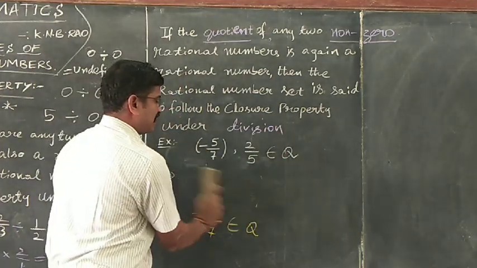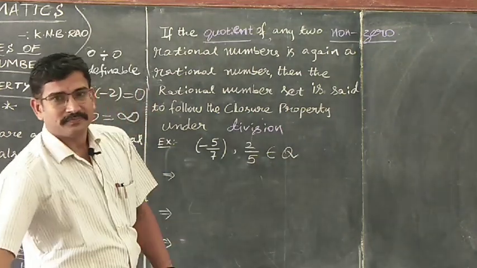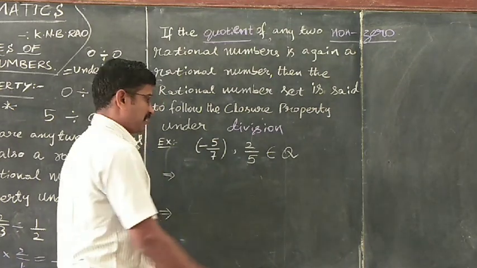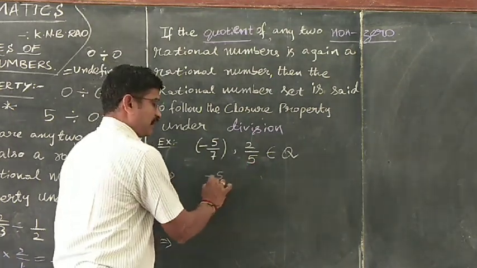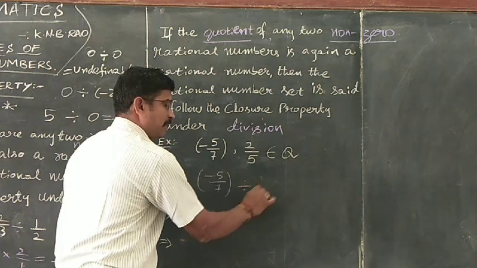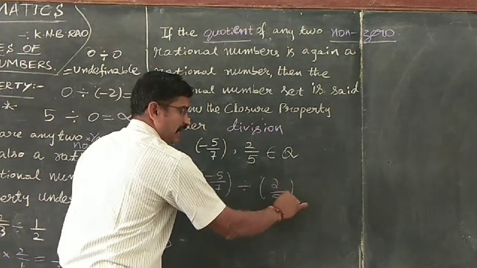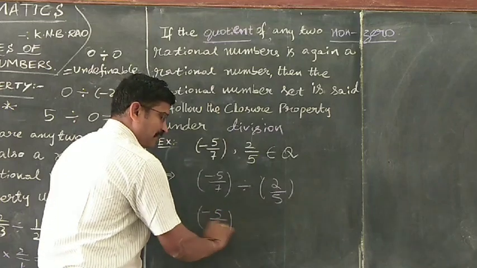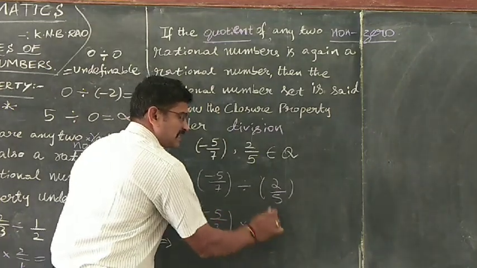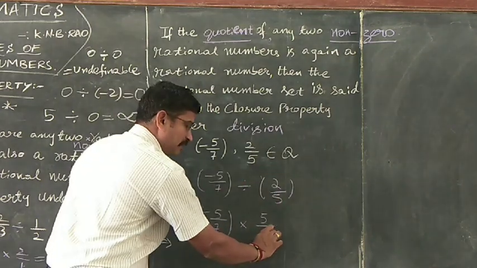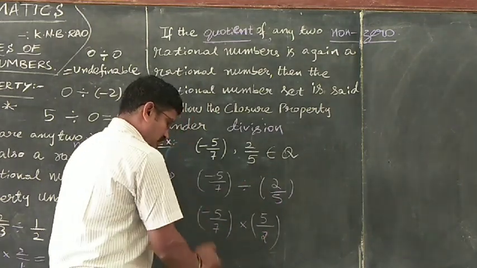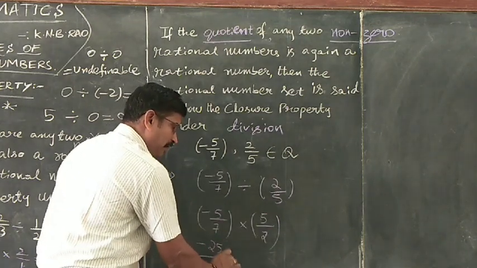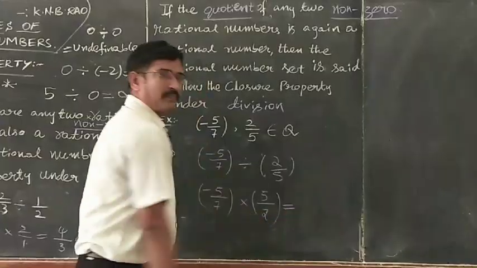Here are the changes in examples. Children, minus 5 by 7 as well as 2 by 5 both belong to the rational number set, meaning they are rational numbers. Minus 5 by 7 divided by 2 by 5. Same knowledge of division of rational numbers. We will multiply minus 5 by 7 by the reciprocal of the divisor 2 by 5, that is 5 by 2. So, now the result is minus 5 into 5, minus 25, upon 7 into 2.